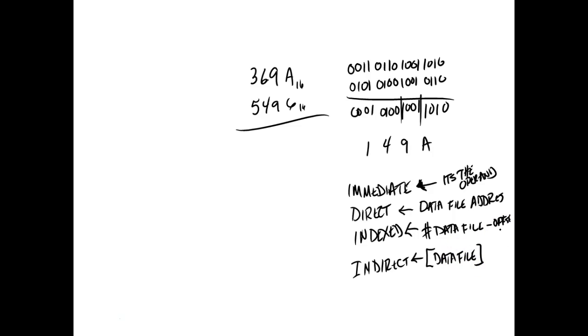So indirect addressing, I don't know if we will ever use that, but the data file contains the address of the operand. This data file contains the address of where the operand's at.